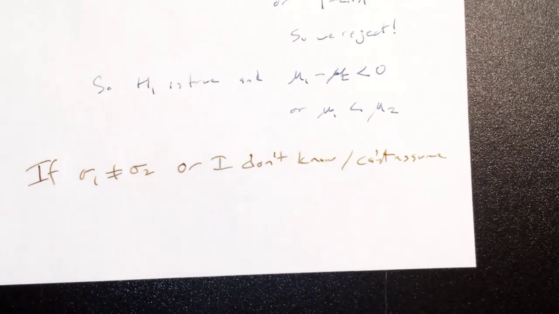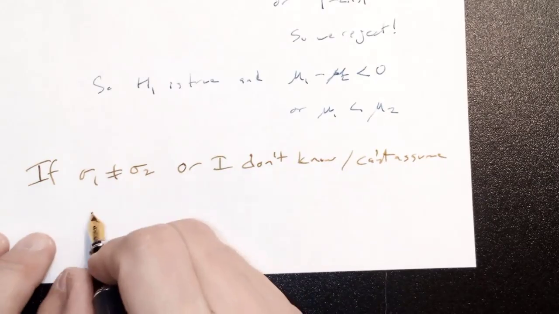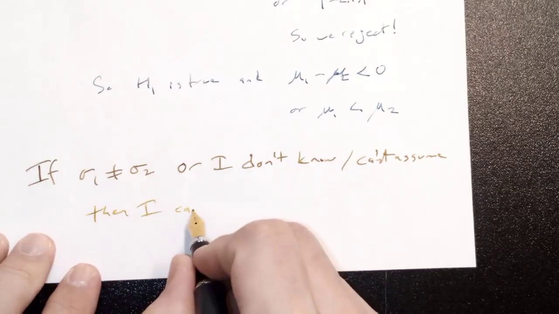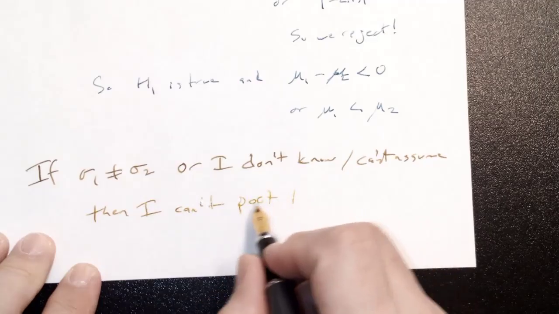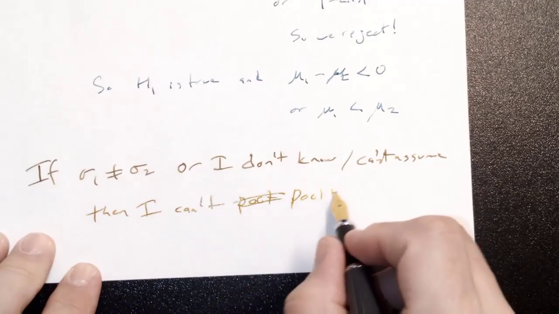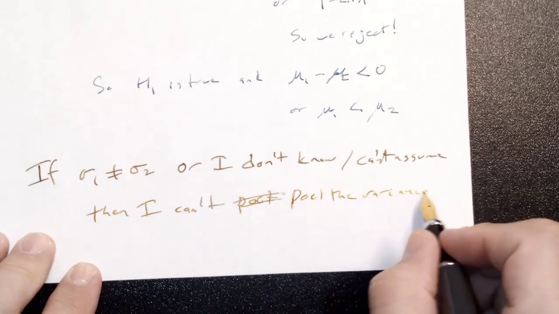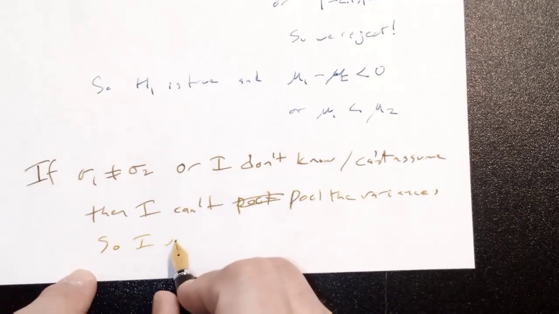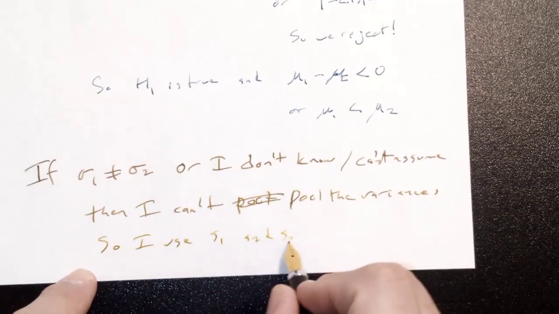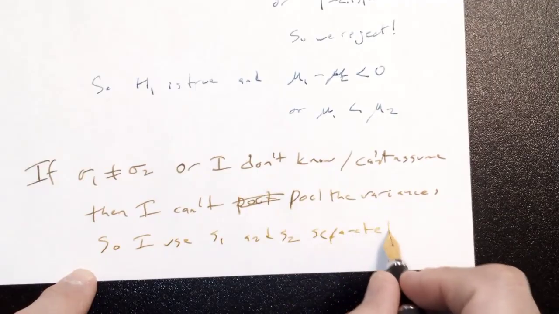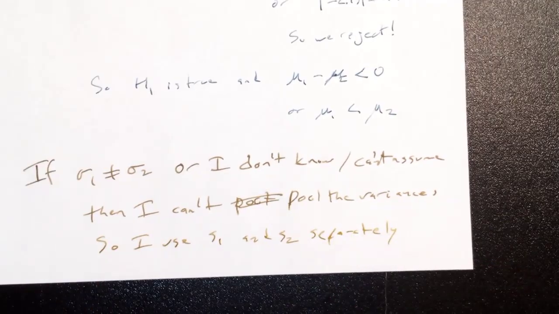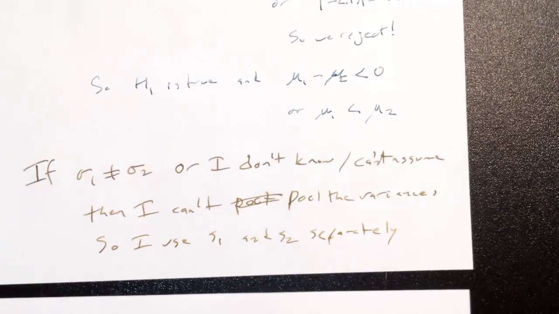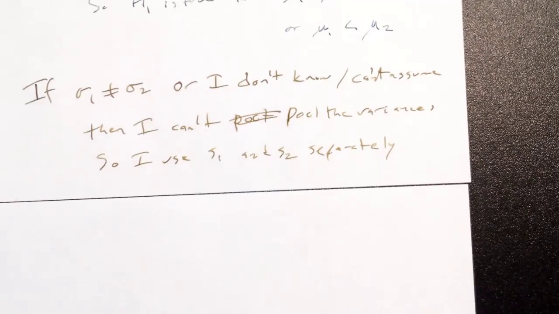If I can't assume that the population's standard deviations are equal, or if I don't know that, then I can't pool. And if I can't pool, I'm going to have to use S1 and S2 separately. But this is going to give me a slightly more conservative estimate.